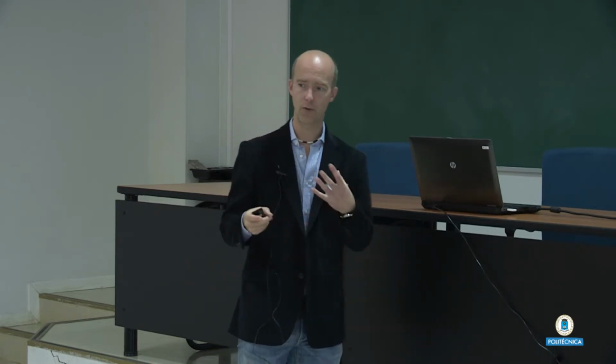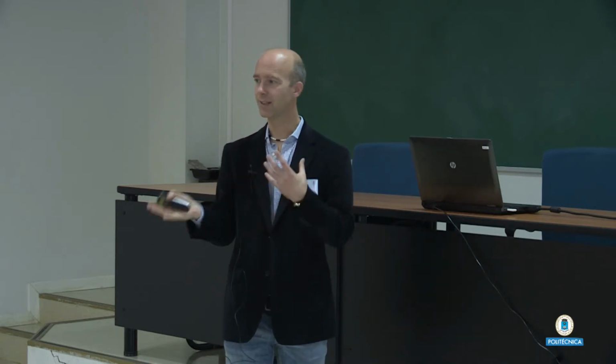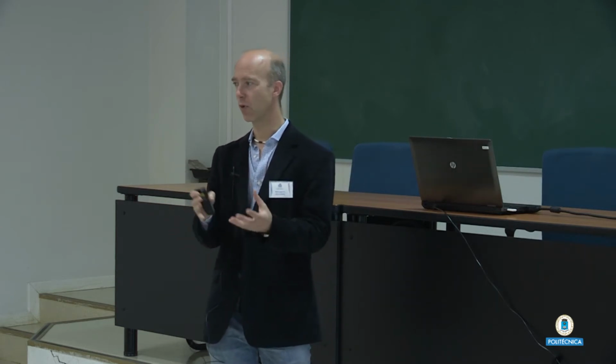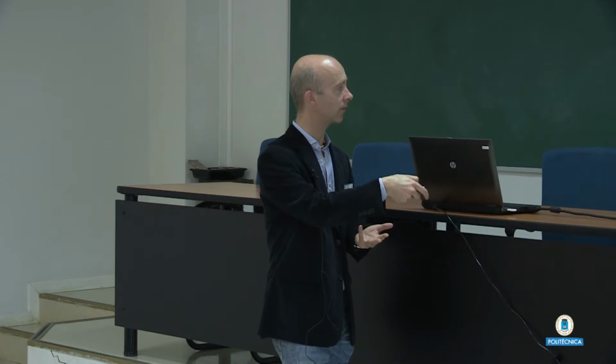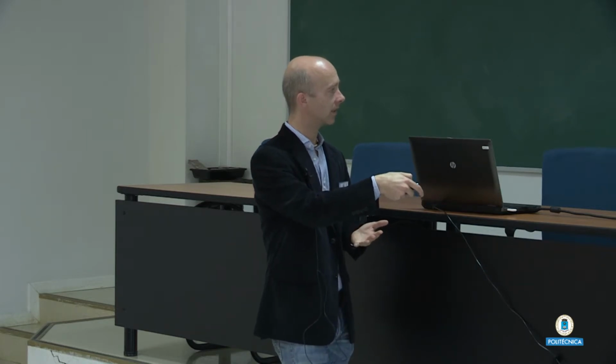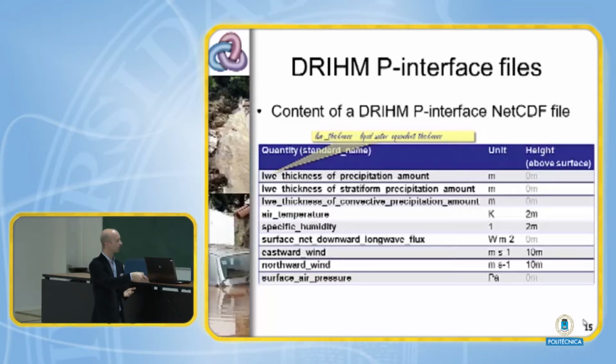Then, for meteorological models, a distinction is made as to what type of meteorological phenomenon created the rain. Then we have air temperature, specific humidity, an energy radiation flux, the wind direction, and the surface pressure.